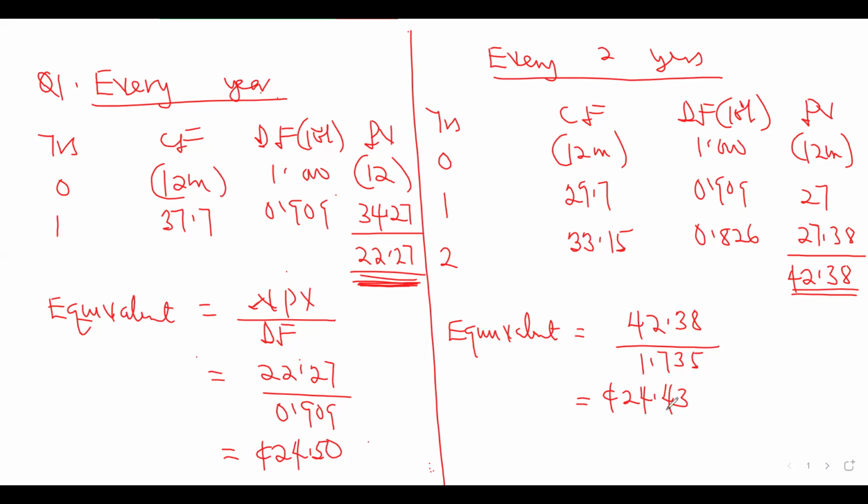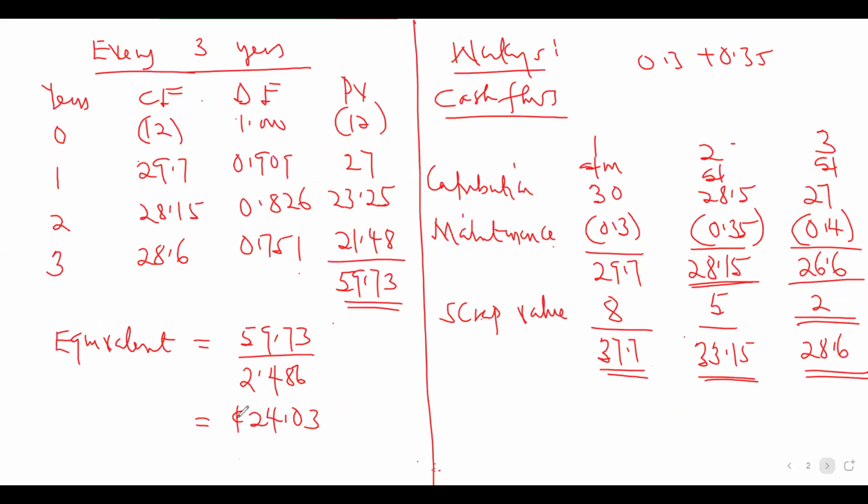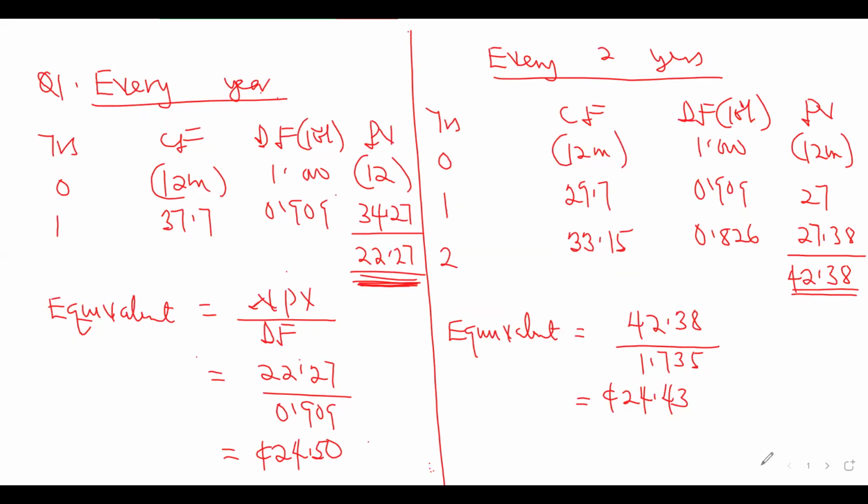All these things are now per the discount factor. If you're replacing every 2 years, it is 24.43. If you're replacing every 3 years, it is 24.03. So which of them will you advise them to go for? Every year. So they should replace the machine every year.